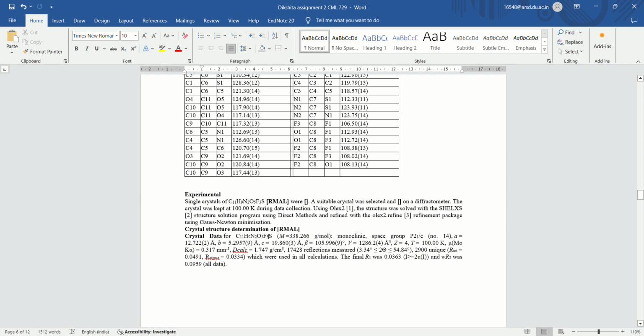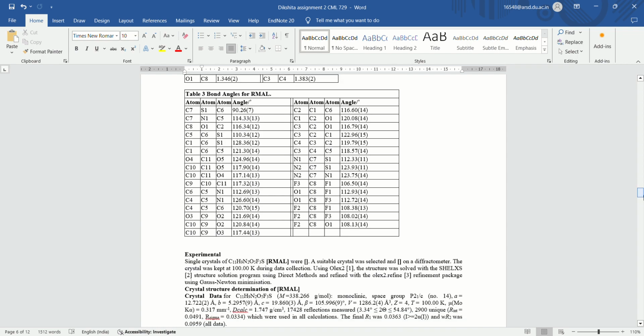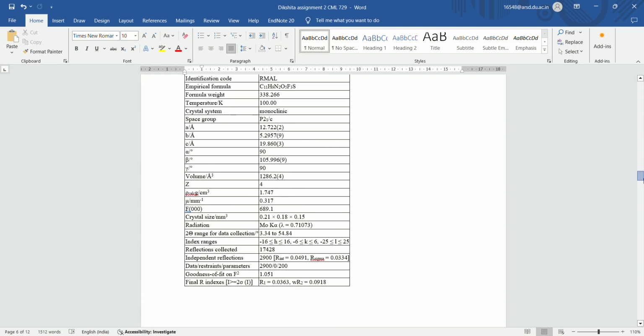In the HTML file, at the end, we also get information about volume and density calculated, and again the space group and the crystal system, which is monoclinic. So in this way we can solve the crystal from the INS file generated from the crystal structures.